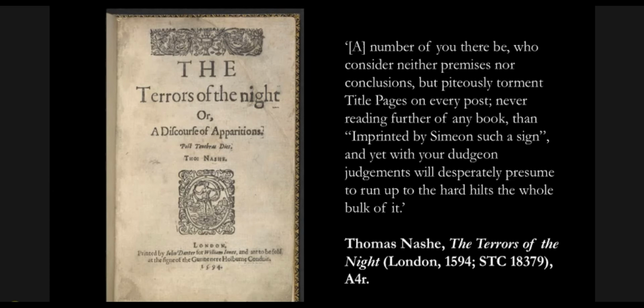Nash's emphasis on the imprint as the end of the reading experience seems to draw attention to this wider significance, perhaps indicating that the names and reputations of stationers were appealing enough for an inattentive book browser to linger over. So I'd like to suggest that imprints perform a wider range of functions than are typically recognized.